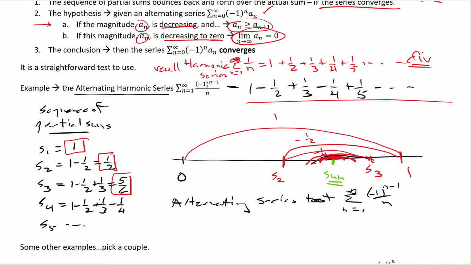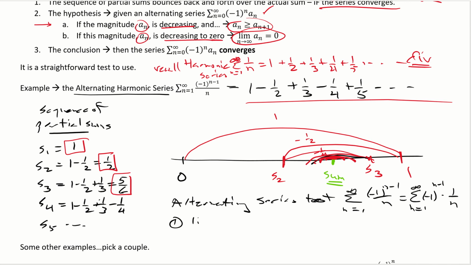Two things you check. One, take this and I'm going to rewrite it. It's the series n equals 1 to infinity. There's the part that causes it to alternate, the minus 1 power. But then you have the meat, if you will, of the term, the magnitude of the term. To run the test, you ignore the alternating part and show that it's decreasing to 0.